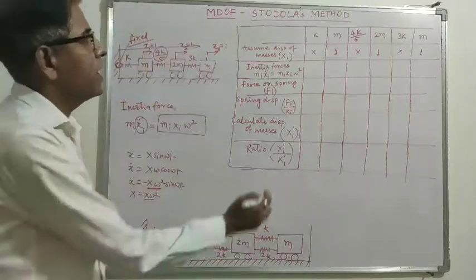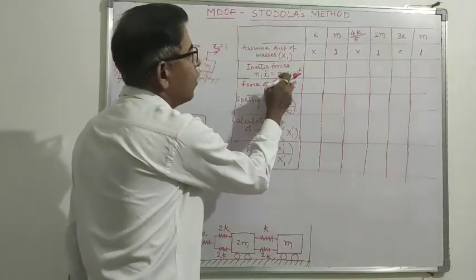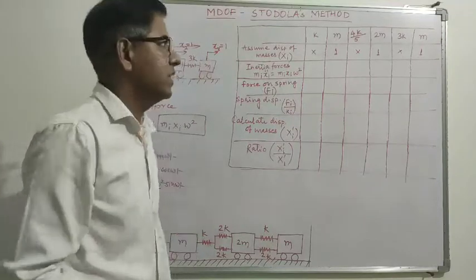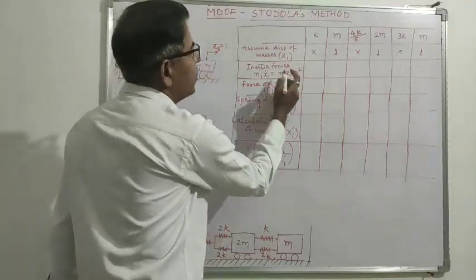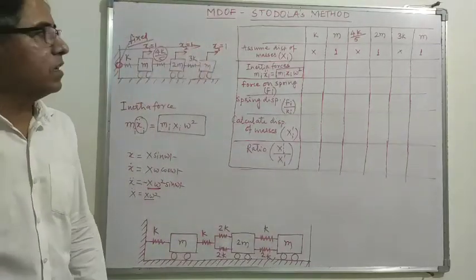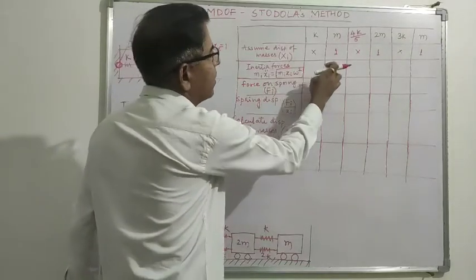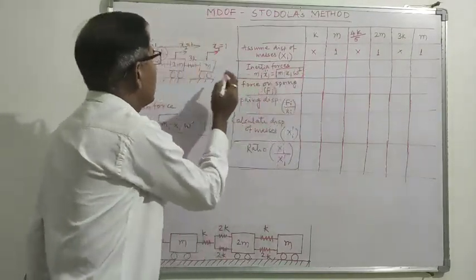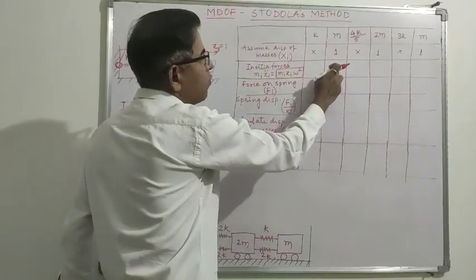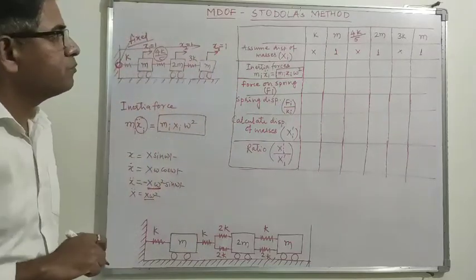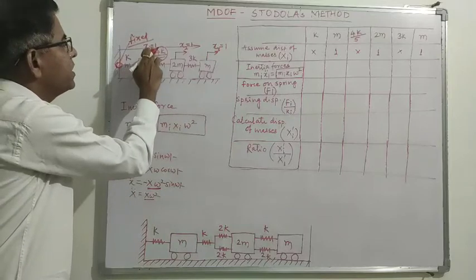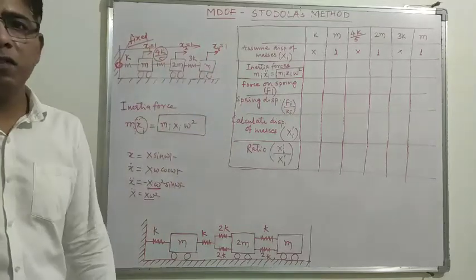We need to find the inertia force for mass 1, mass 2 and mass 3. We know that the inertia force is given by m x omega square. Here the value of x is 1. So what will be the inertia force at mass 1? Here mass is m, displacement is 1 and omega square we have to find out.